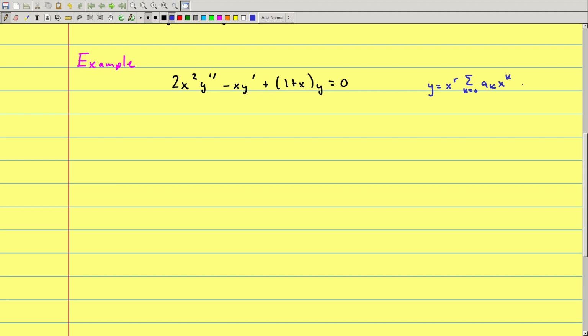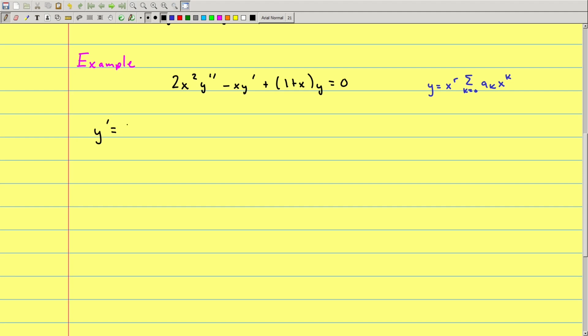Okay, what it's not allowed to be is 0, because that breaks the way that this method works. But we assume that it's some non-zero value.